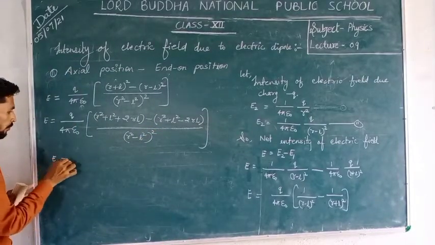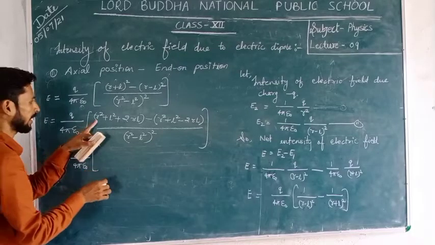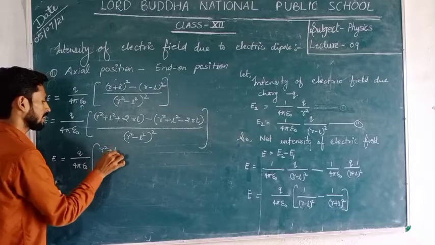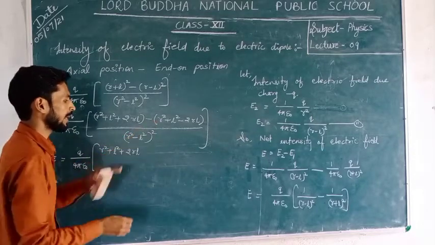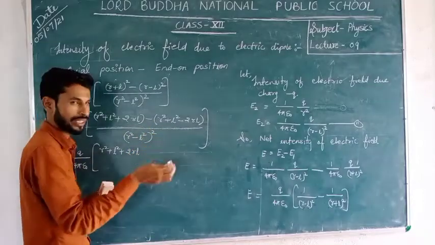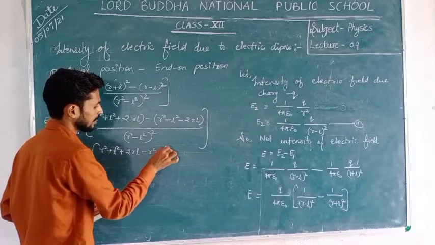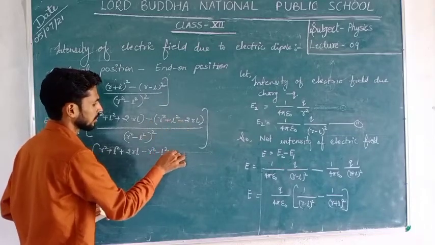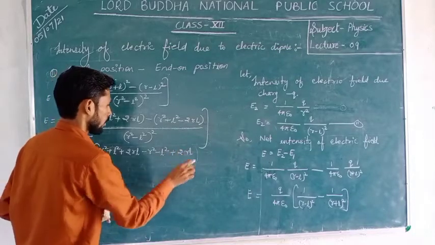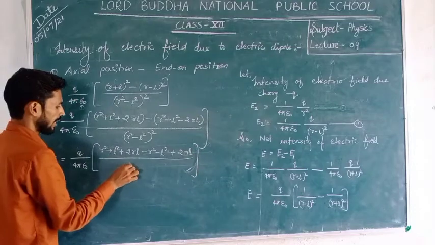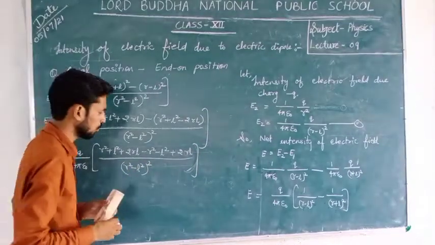Now equals q upon 4 pi epsilon naught in the bracket r square plus l square plus 2rl. If we open this bracket, then all the signs will be changed: minus r square, minus l square, and minus into minus equals plus, that is 2rl. And in the denominator r square minus l square to the power 2.